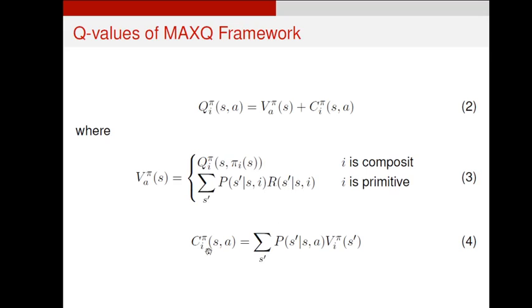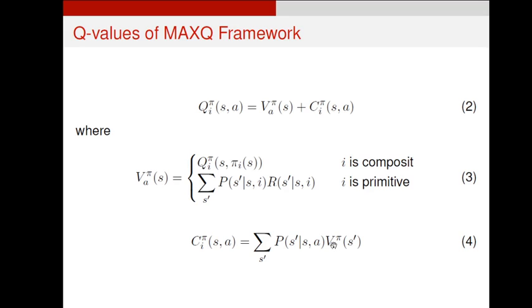Then what is the completion function? Ci pi of S, A is equal to, starting with this value, but in that case it is not a terminal state, so we have to use the state value for the state S dash. So this is the average value of returns, sigma over S dash, P of S dash given S comma A, into Vi pi of S dash.